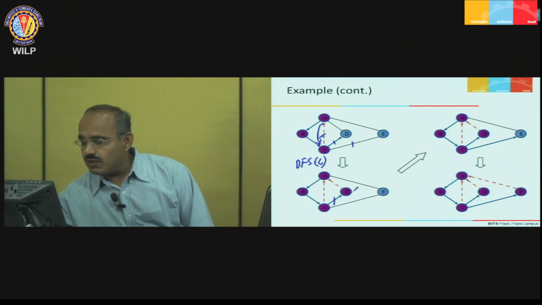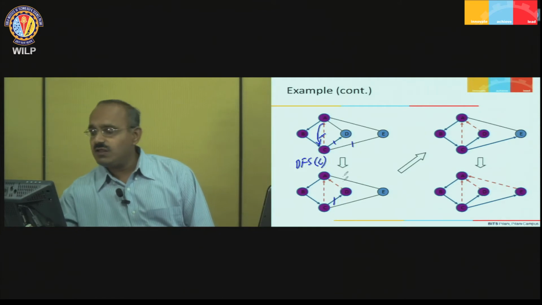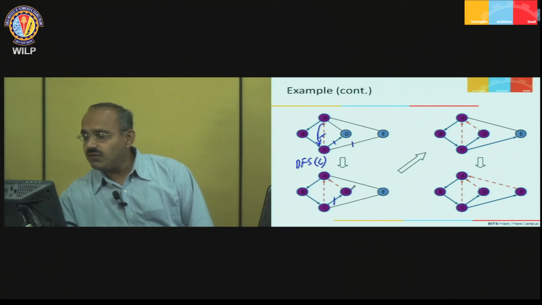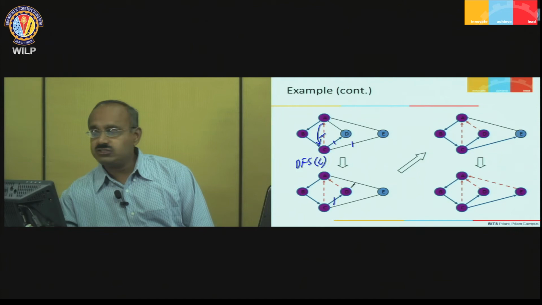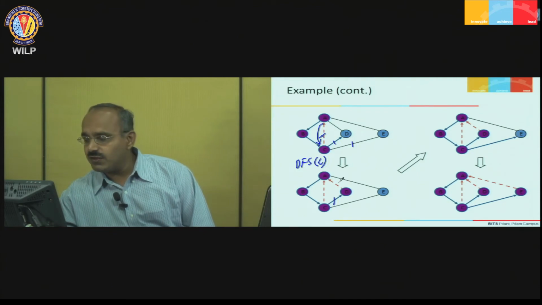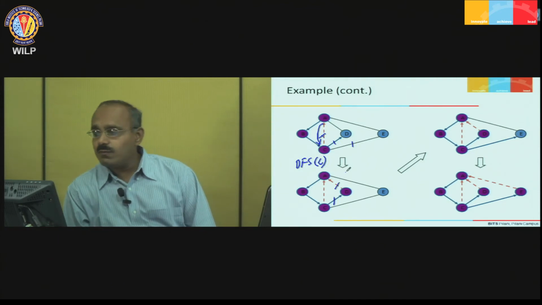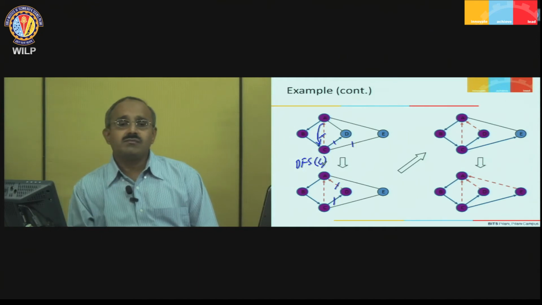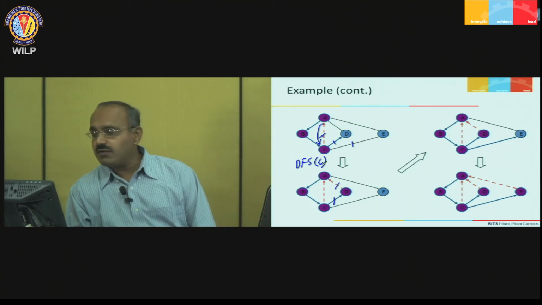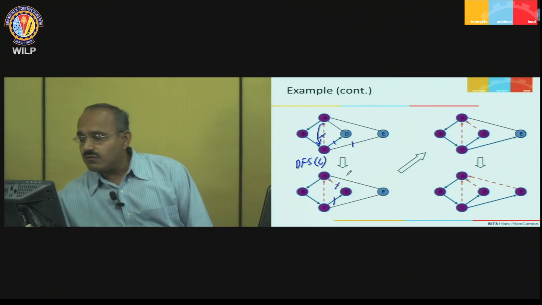Once we are here, we again continue DFS at this point and we see that there is only one unexplored edge incident on D, which is this, but it leads back to A, which is already visited. So, we backtrack to D.